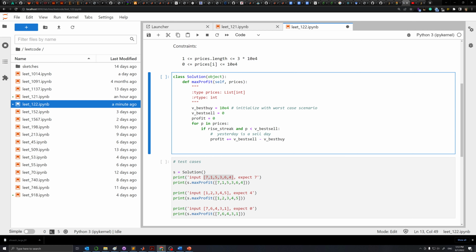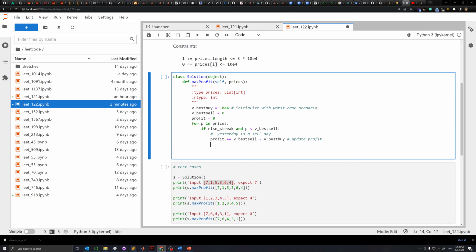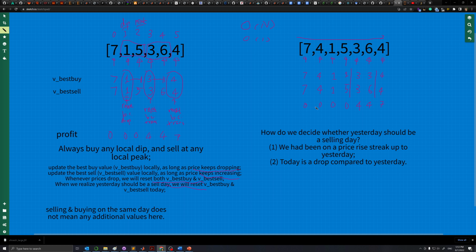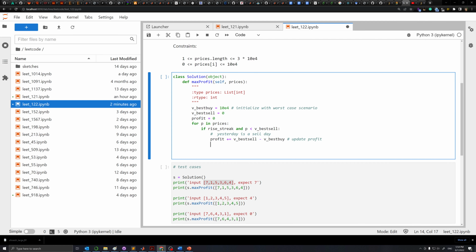So that's update profit. And what we're gonna do if that happens is reset our v best buy and v best sell. So v best buy equals v best sell equals p.